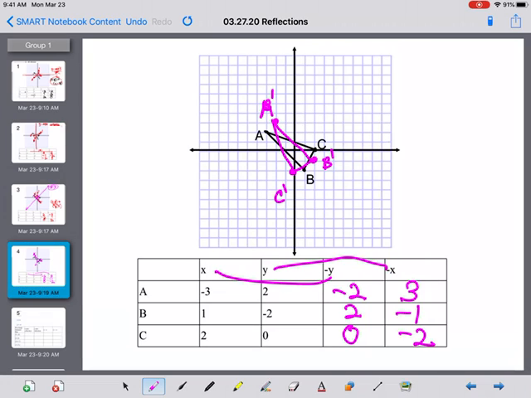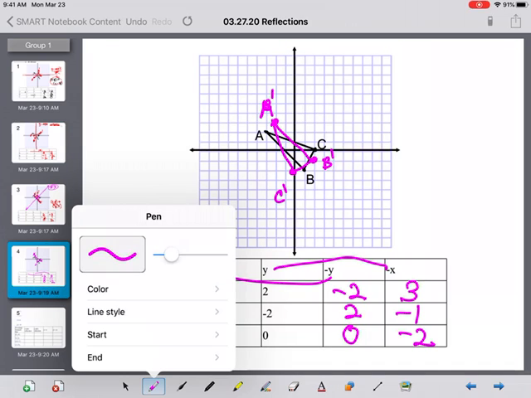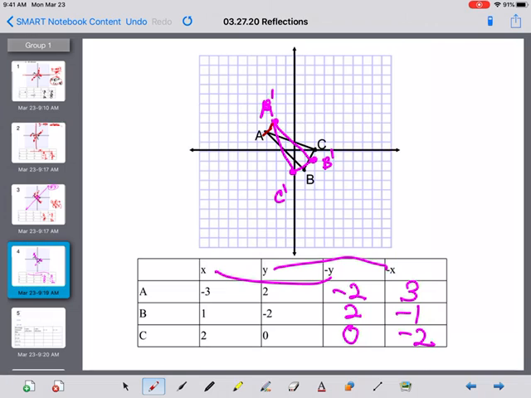So let's see. We have the A and the A prime, C and the C prime. Let me change the color again. So A and A prime, C and C prime, B and B prime. So we want the line that divides those segments in half. What kind of line is that? We'll talk about this in a couple days.